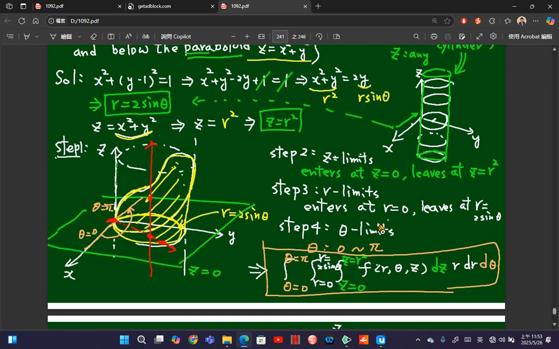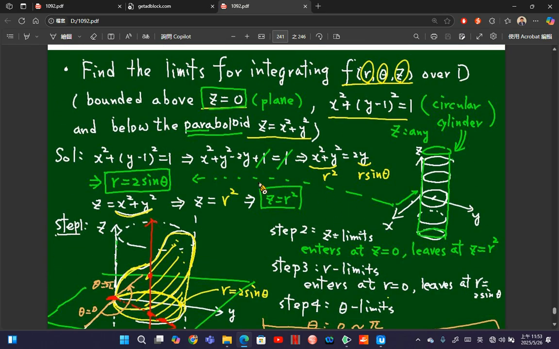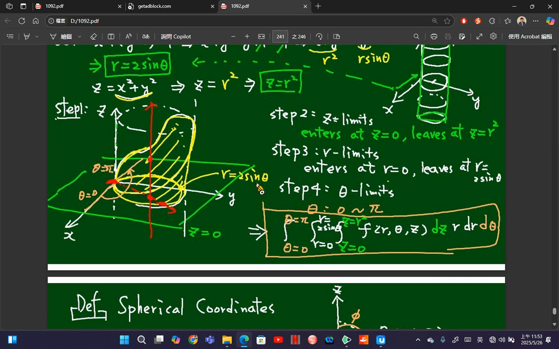So again, I'll give you another example. The first thing you need to do is try to draw the upper surface and the lower surface, and when you want to integrate in terms of z, remember to emit a ray in parallel to the z-axis toward this region.